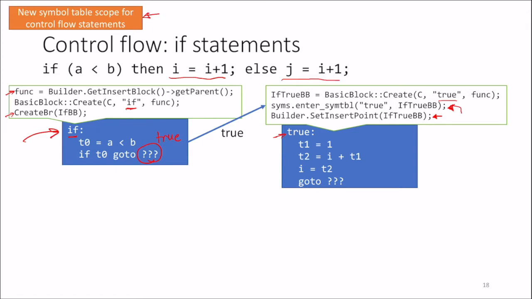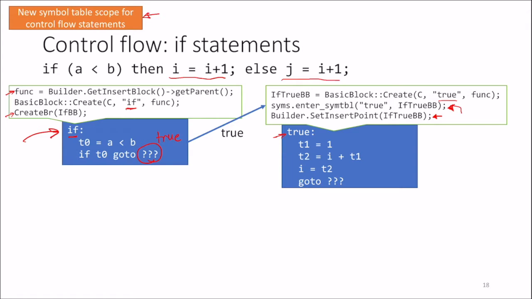Just like with the other use cases for a symbol table, every time you enter a new block, or when you're inside an if statement, you want to create a new symbol table just for that scope, for the scope of that control flow for if or for while. For all of these complex control flow cases, you want to create a new symbol table scope for them so that you don't make a mistake.